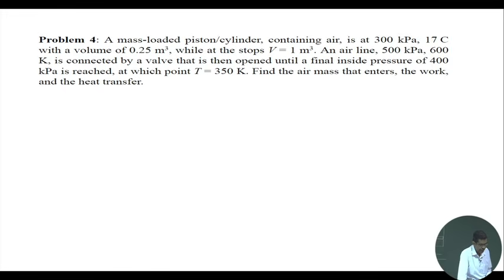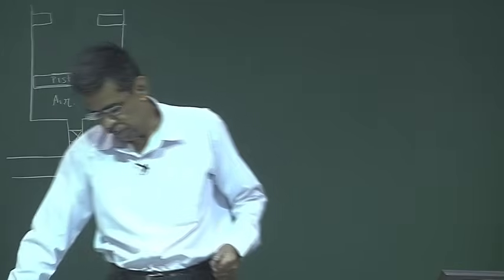An air line at 500 kilopascals and 600 K is connected by a valve that is then opened until a final inside pressure of 400 kilopascals is reached, at which point T equals 350 K. Find the air mass that enters, the work and the heat transfer. Now let us see this on the board.